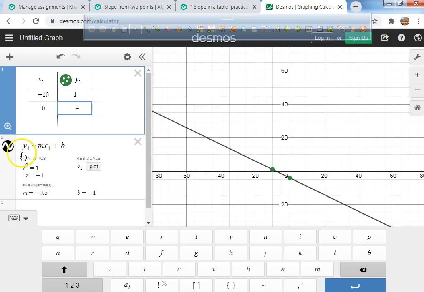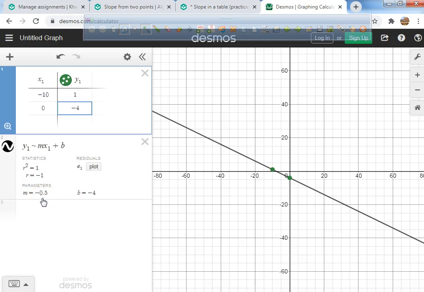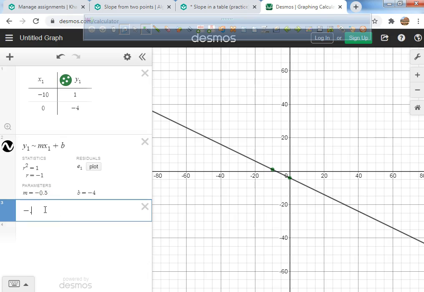Automatically, because you already have y1 tilde mx1 plus b, what shows up right there, where the hand is? Can you guys see the hand? -0.5. You're like, wait a second, what the heck is -0.5? What fraction is -0.5? -1/2. And right here, what's the y-intercept at?